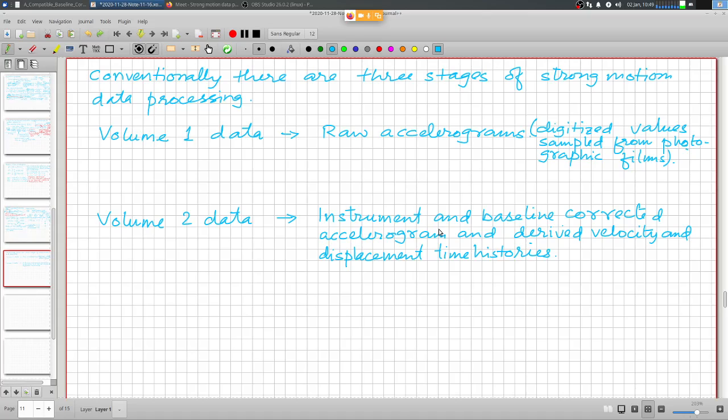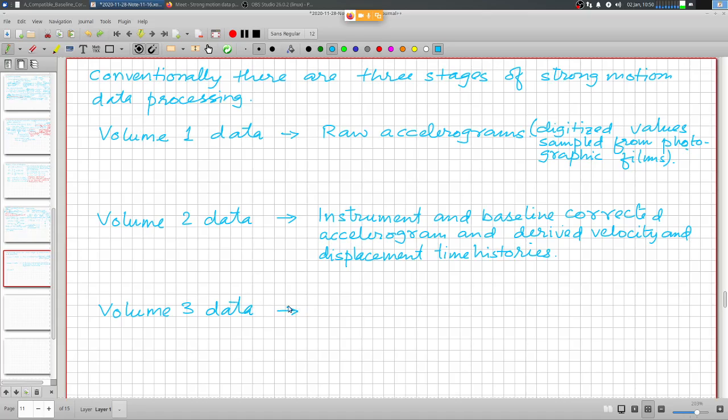After instrument correction, if required, we apply the baseline adjustment to the accelerogram, and in the process we also derive the velocity and corresponding displacement time histories for use. Once we have this, another set of derived data is required.